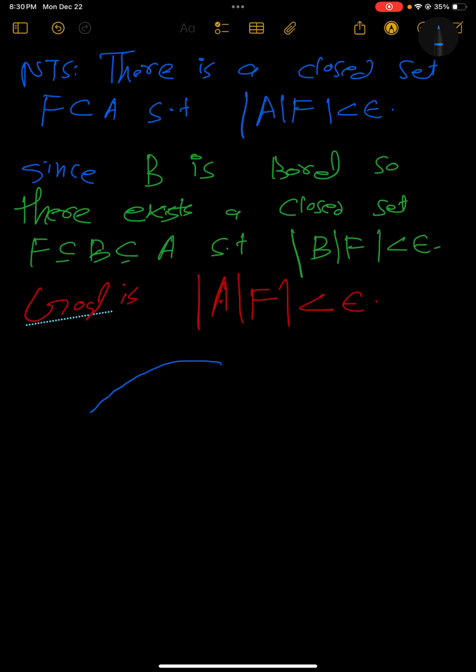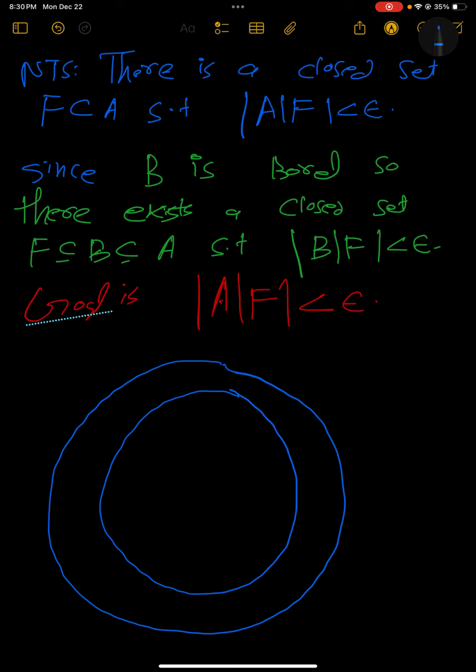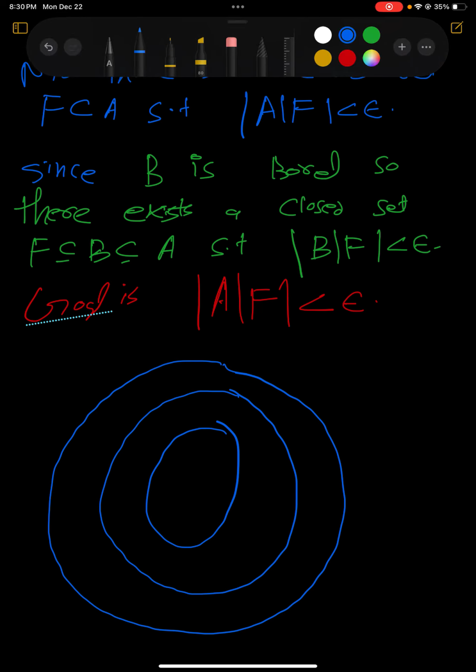To accomplish this goal, we are going to use a Venn diagram so that you can have a better understanding. This is my superset. We have 3 sets. Suppose this is A, and then we have B, and then F is the smallest. This whole region is A difference F. Now I'm going to use a different color.